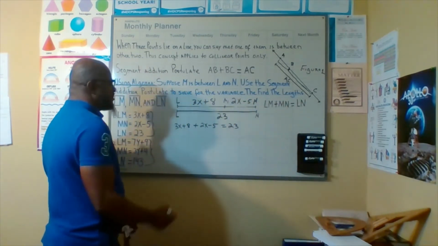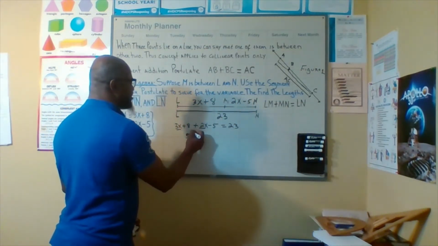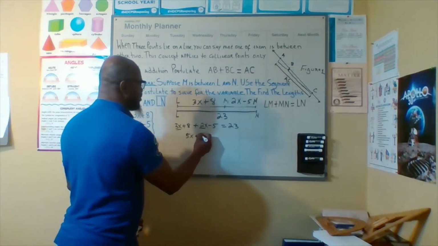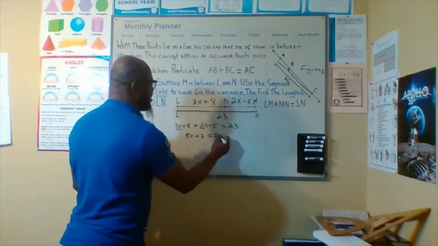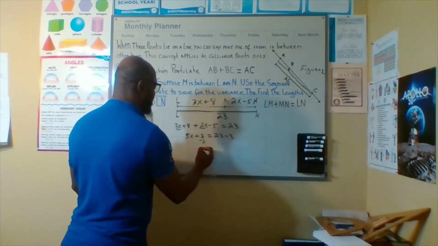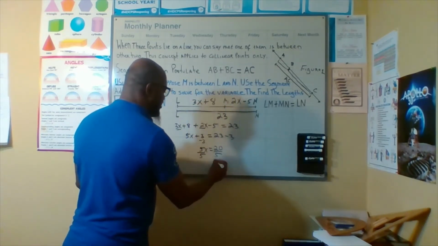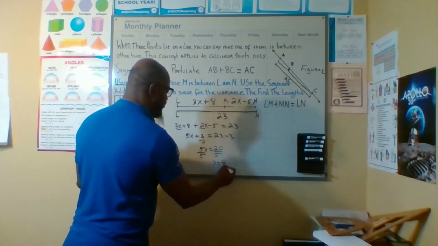Combine like terms, that will give you 5x plus 3 is equal to 23. Minus 3, minus 3. 5x is equal to 20, divided by 5. In this case, x is 4.